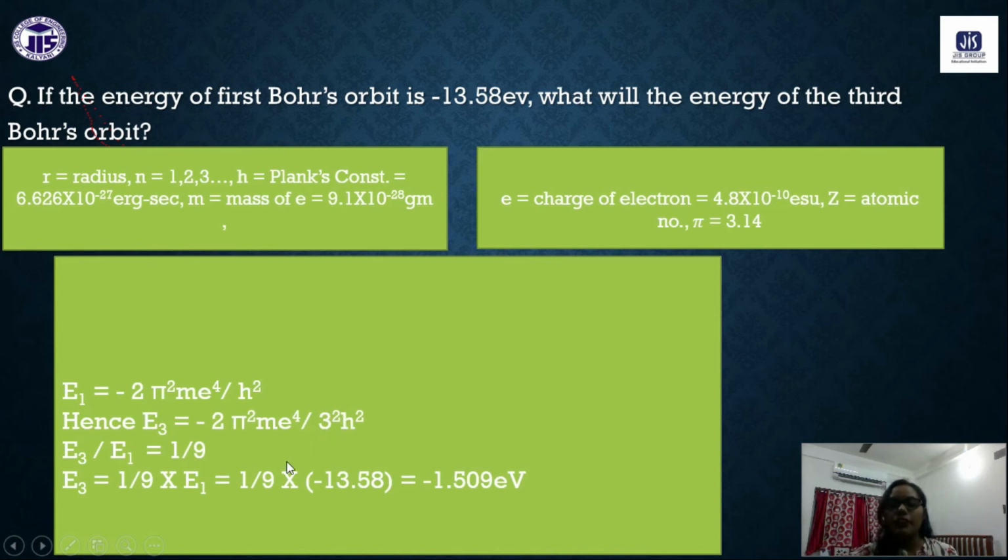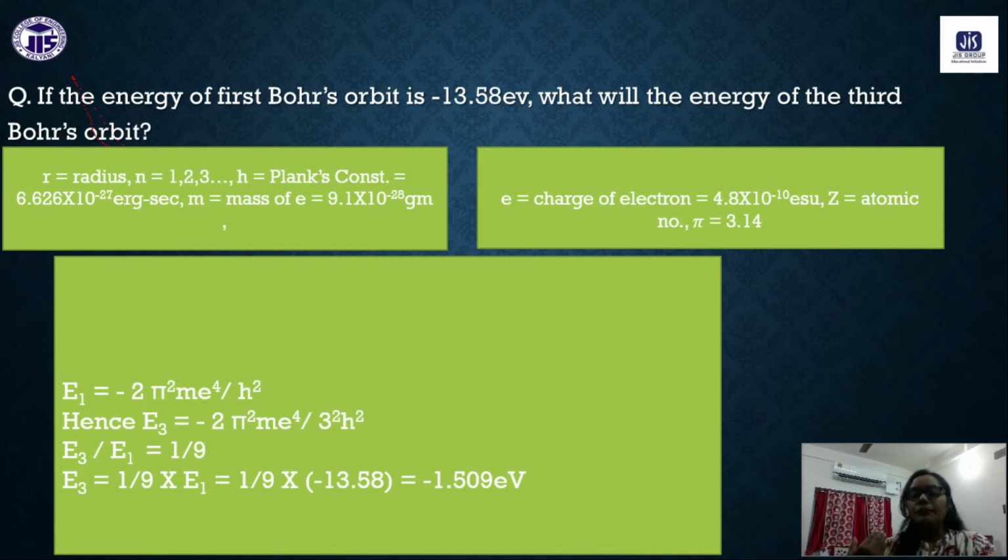So E3 by E1 equals 1 by 9. Multiplying E1, which we already have, that is minus 13.58 electron volt, with 1 by 9 will give you minus 1.509 electron volt. So this is the energy of the third orbit.